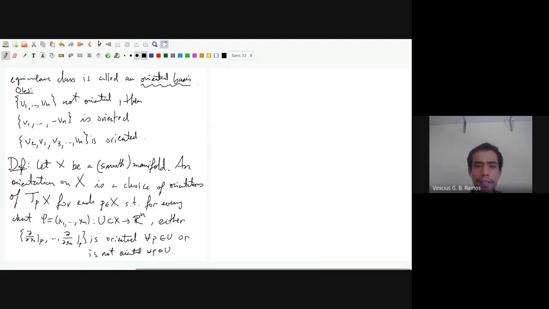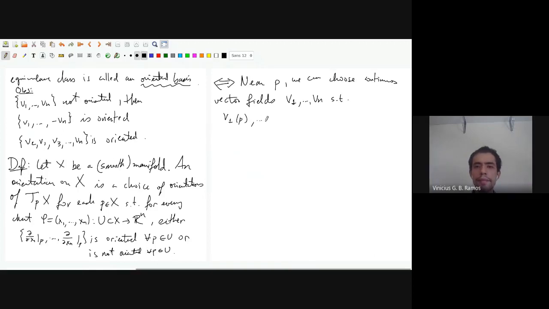An equivalent way of saying this is that near p, we can choose continuous vector fields V1 up to Vn such that V1(p), ..., Vn(p) is an oriented basis of T_xX for every x.